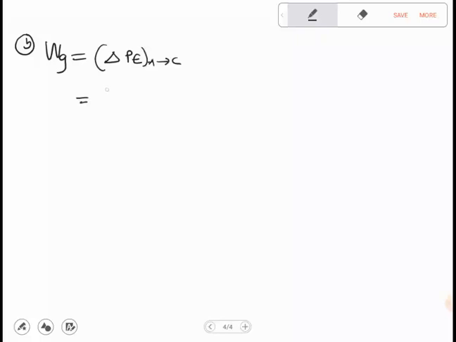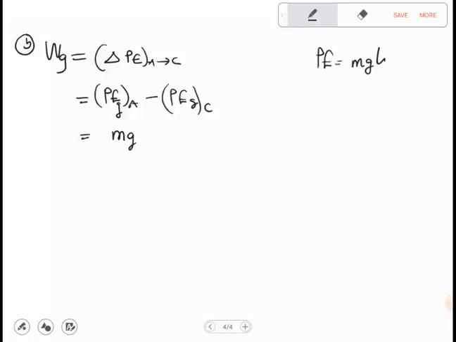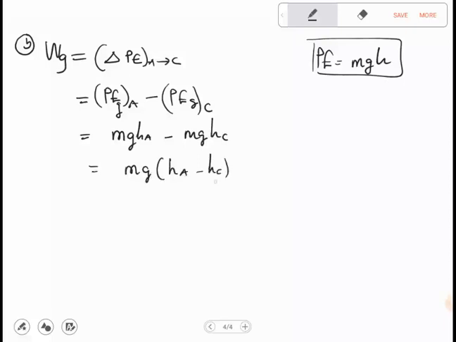This will be equal to the potential energy at A due to gravity minus the potential energy due to gravity at point C. You know the formula for potential energy: mass times gravity times the height. So this will be mgh_A minus mgh_C. Now, mg is common, so to avoid the repetition, just take it out. Then you have mg times (h_A minus h_C).